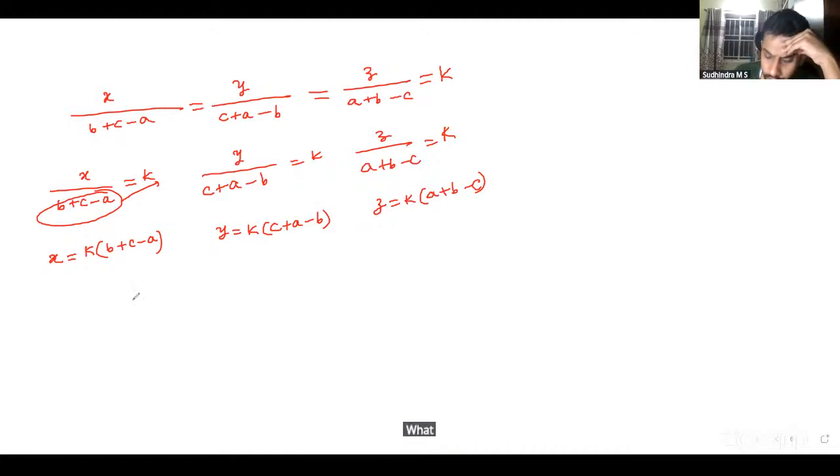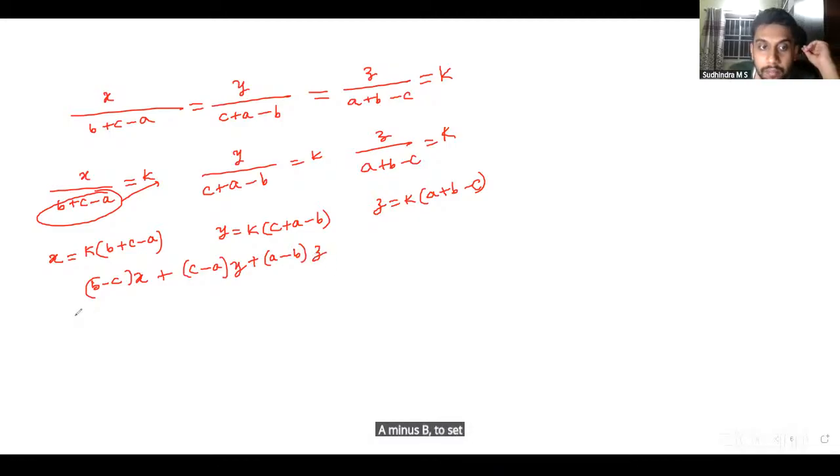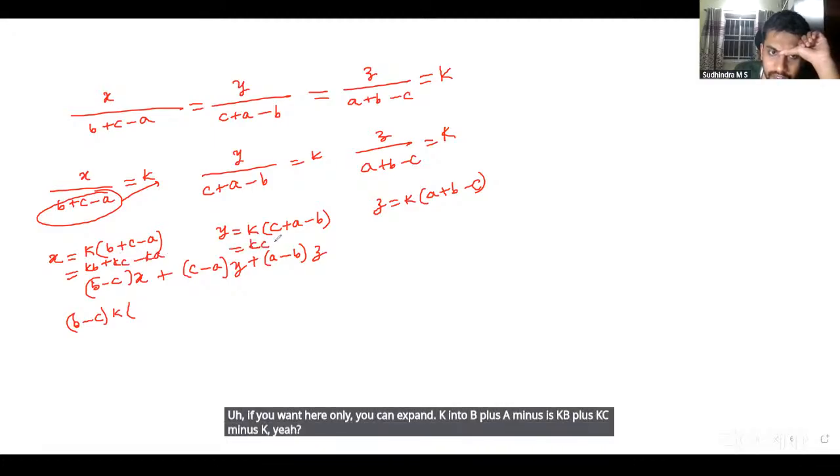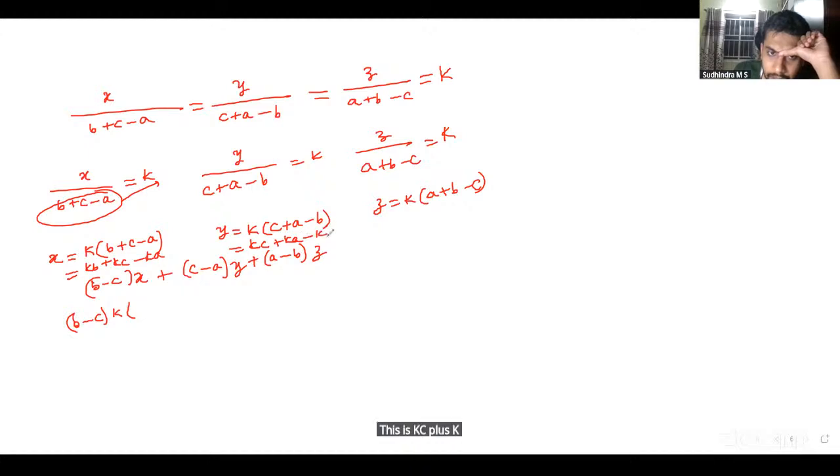What are we supposed to find out? b minus c into x, c minus a into y, a minus b into z. b minus c into, what is the x value? k into b plus c minus a, correct? Or if you want, here only, you can expand. k into b plus c minus a is kb plus kc minus ka. y is kc plus ka minus kb, and z would be ka plus kb minus kc.